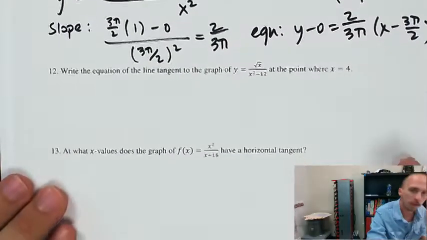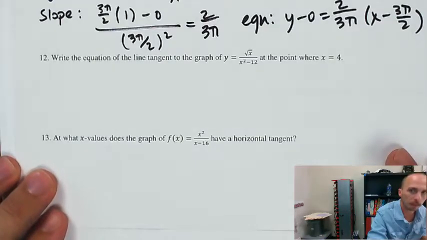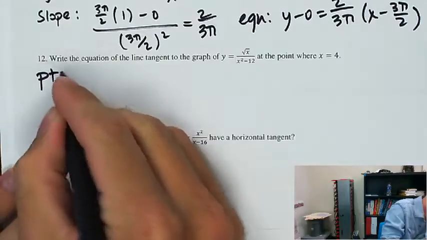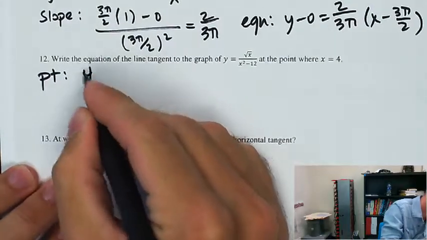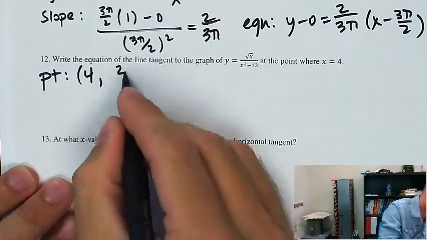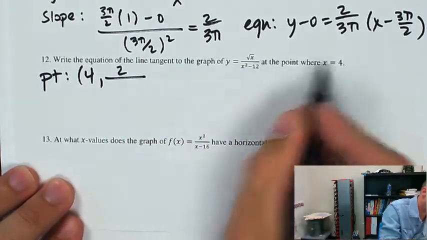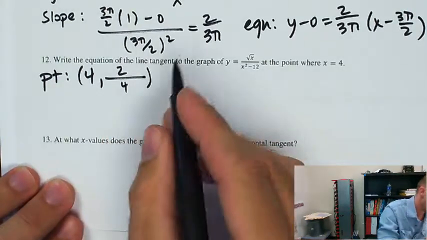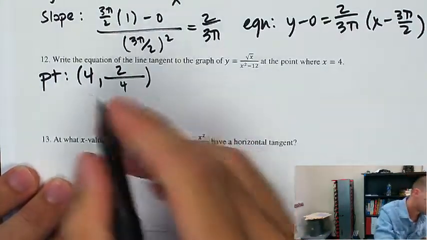All right, write the equation of the line tangent to the graph of this at the point where x equals 4. Okay, well, I need a point. X equals 4. Y equals the square root of 4, which is 2, divided by 4 squared, which is 16, minus 12, is 4. So that's 1/2.